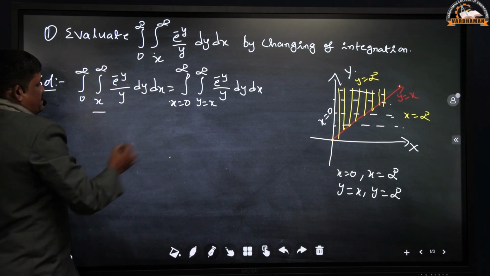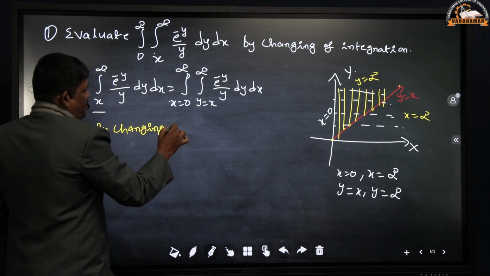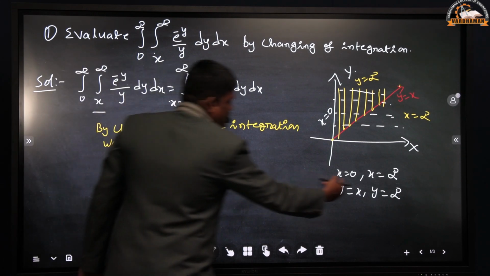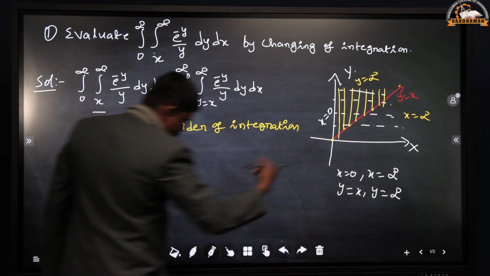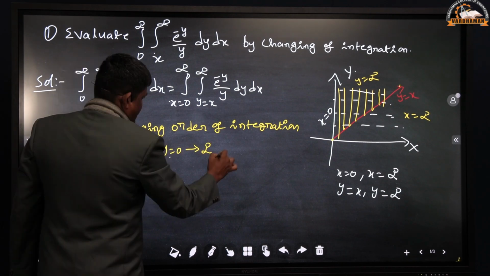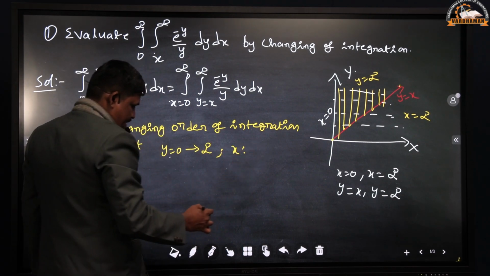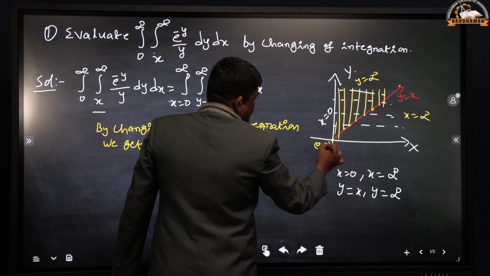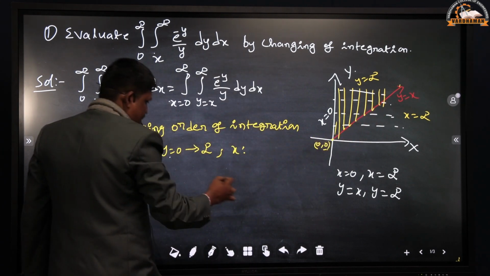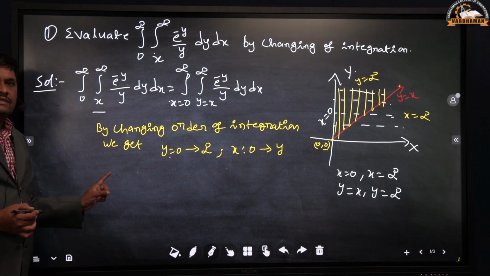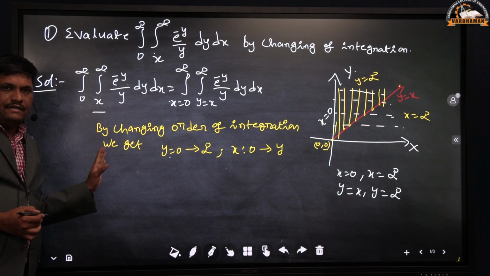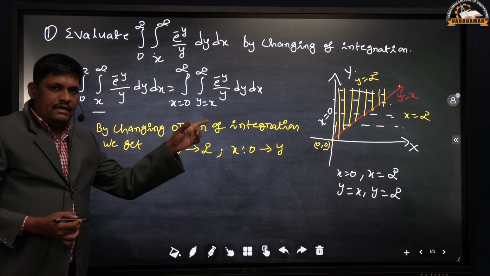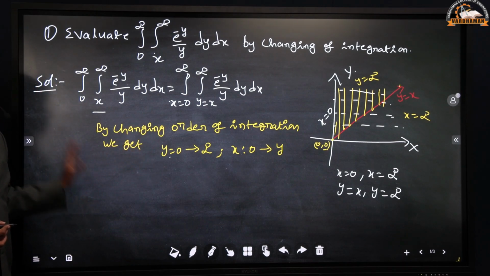By changing the order of integration, we get x from 0 to infinity as constant limits, and y is this value. We get y from 0 to infinity and x from 0 to y. This is y is 0 and y is infinity, and this is x is 0 and this is x is y, 0 to y. The two lines play a very vital role in this problem. So according to the diagram, I have changed the limits.